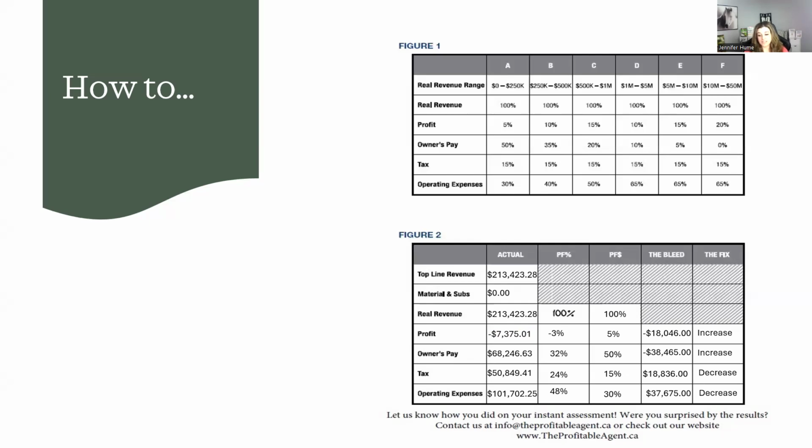So Sally actually needs to increase how much she pays herself as the owner, whether that's adding more expenses for her vehicle in there, maybe an auto payment, or again, simply taking more in salary. We need to also help decrease her tax obligation. So we would help her look into that. And it looks like Sally needs to decrease her operating expenses as well from 48 to 30%.